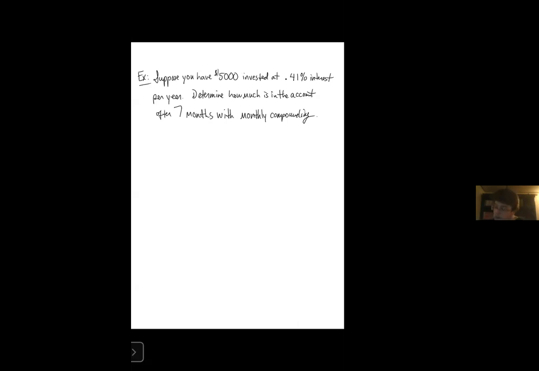Here we notice our compounding period is monthly. So here I would be our interest rate. It's given as 0.41%. As a decimal, that's 0.0041. It's monthly compounding, so there are 12 compounding periods per year.